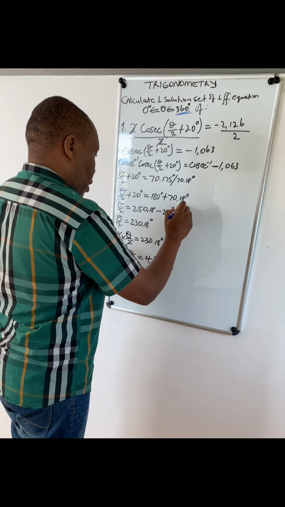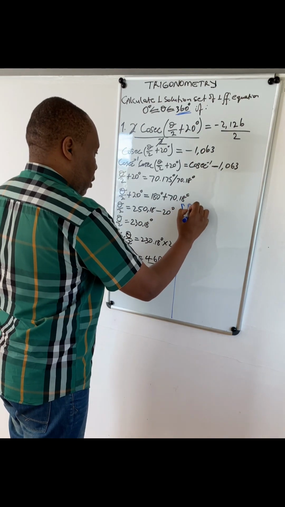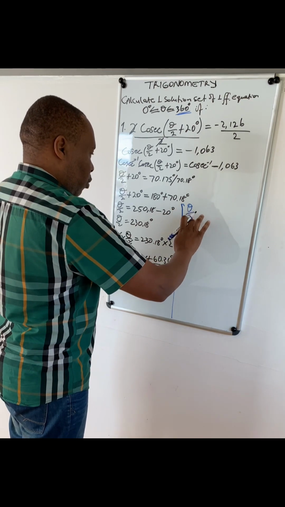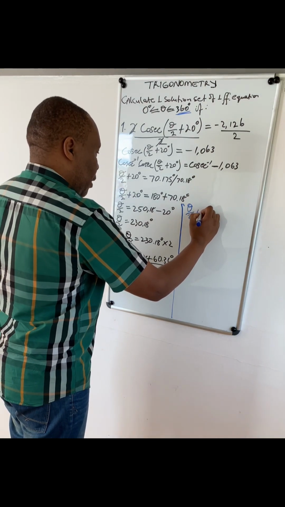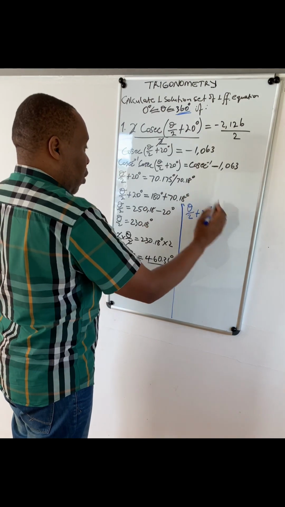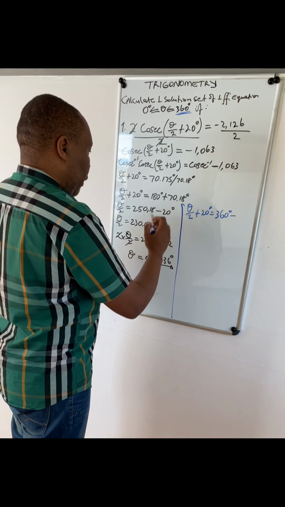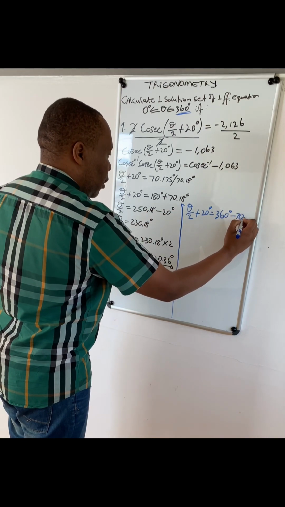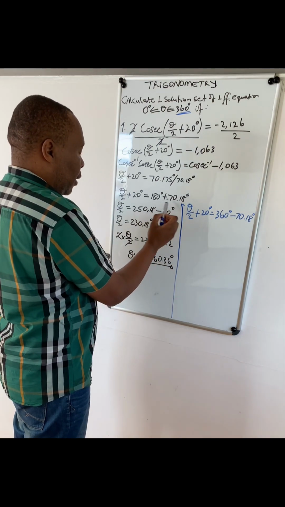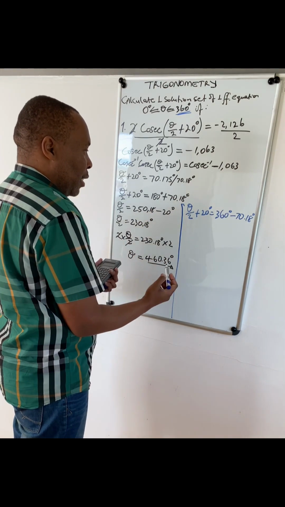Because we're looking at the fourth quadrant, it's 360 degrees minus 70.18 degrees. Like we had in the third quadrant, it was 180 plus. In the fourth quadrant, it's 360 minus.